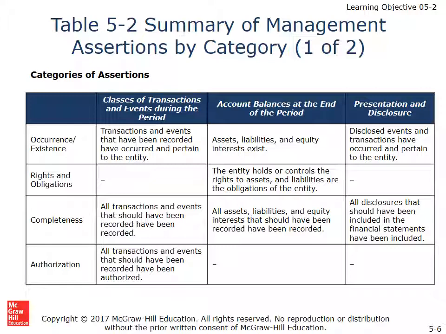First, it exists. The possible misstatement is that there are fictitious customers in there. How could we determine if they exist? You confirm with the customers. We send out what are called confirmations, and those are audit evidence, and we'll talk more about those.